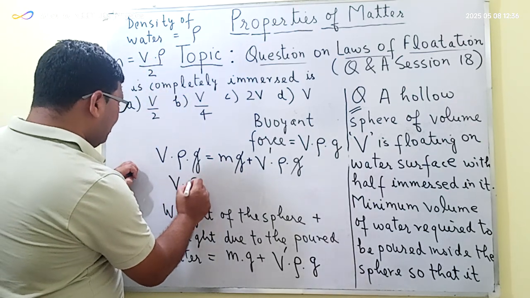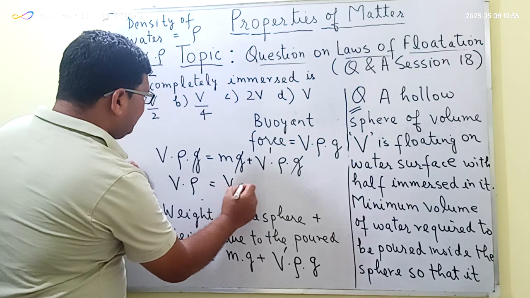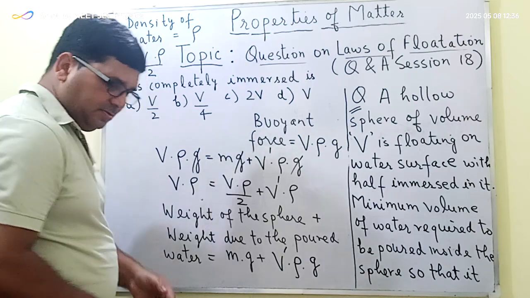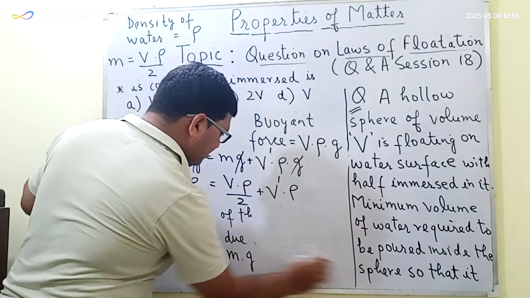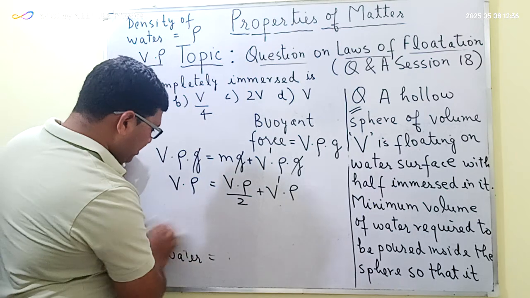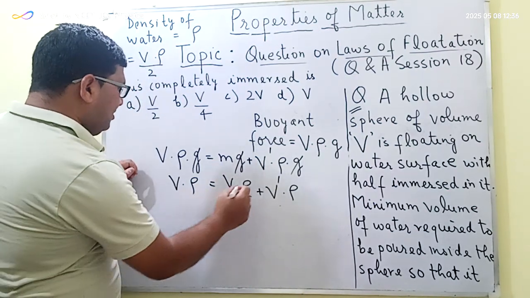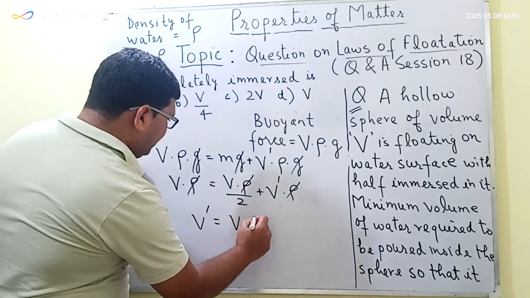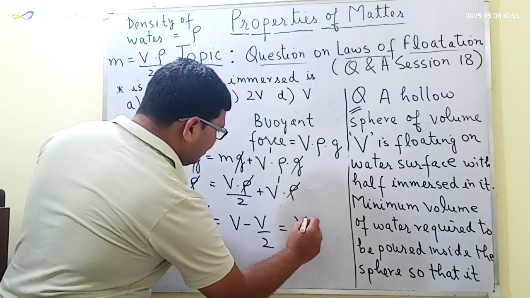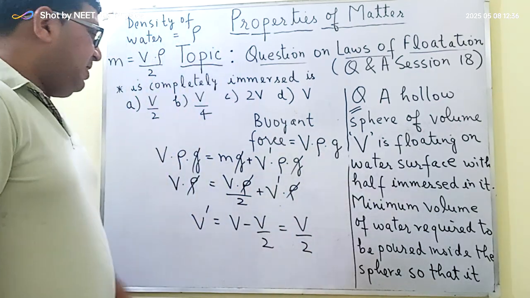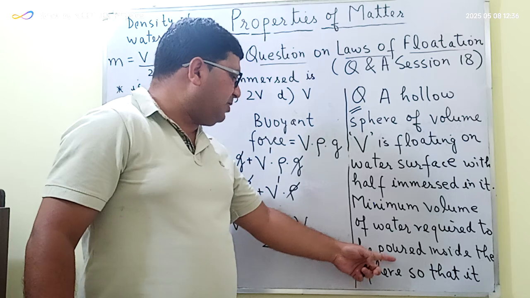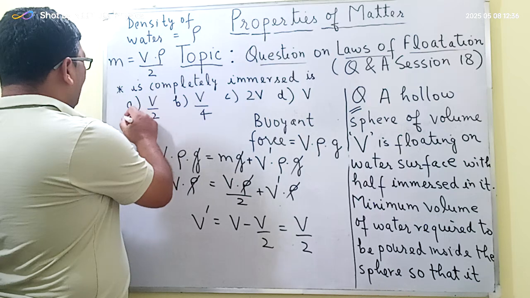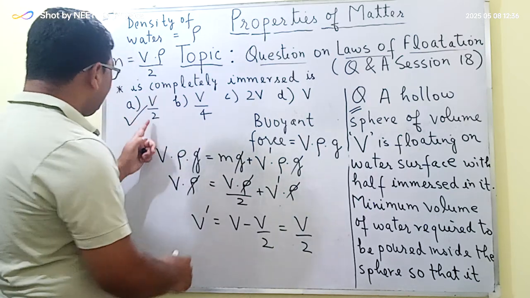So V into rho is equal to V into rho upon 2 plus V dash into rho. Rho will get cancelled out, and finally V dash is equal to V minus V upon 2, which is V by 2. So the minimum volume of water required to be poured inside the sphere so that it is completely immersed is V by 2, and the correct option is A, that is V by 2.